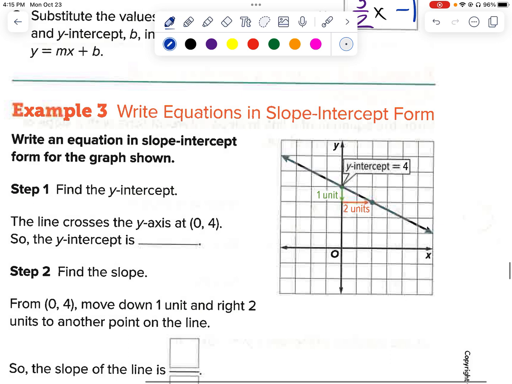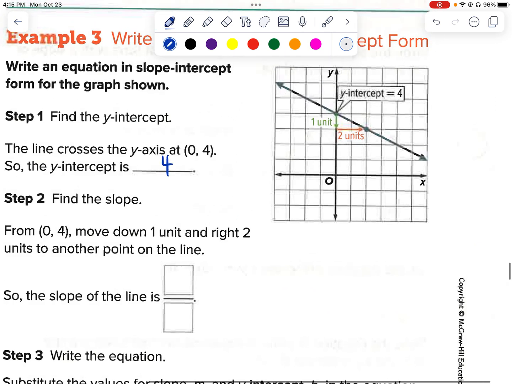Okay. I'm going to look at this one. And it says the line crosses the y-axis at 0, 4. So my y-intercept is 4. Then we're going to find the slope. Remember, we went down 1, so that's -1.